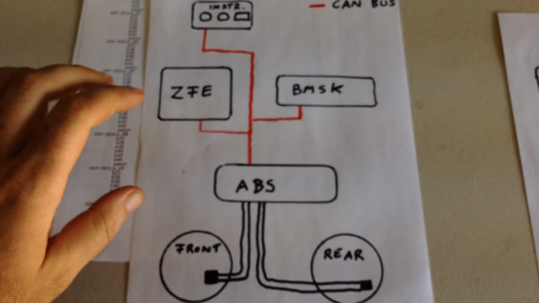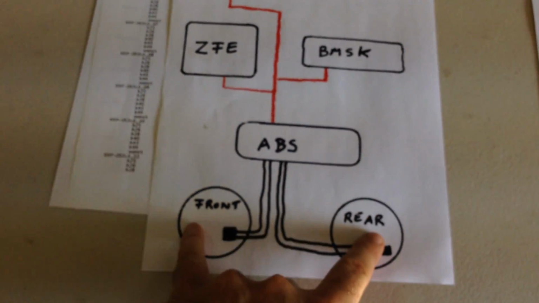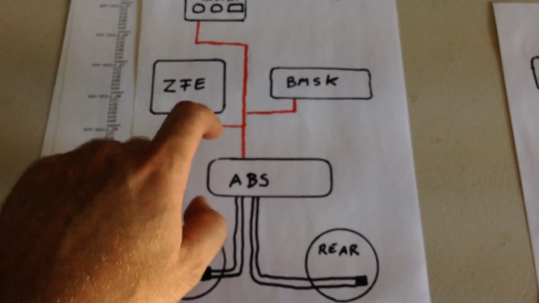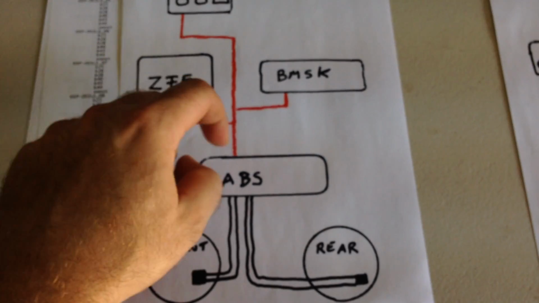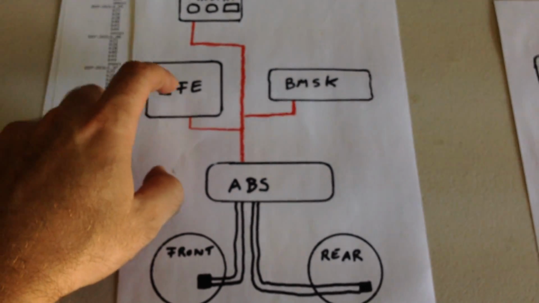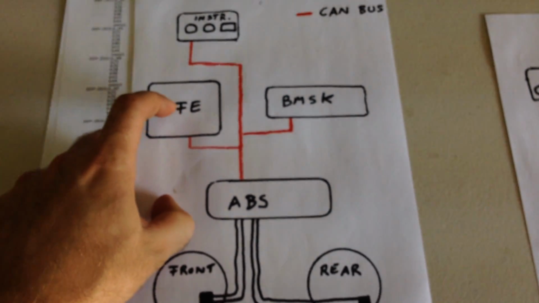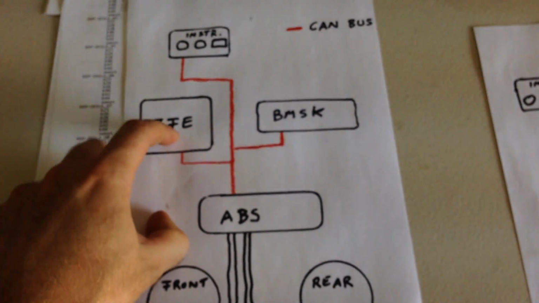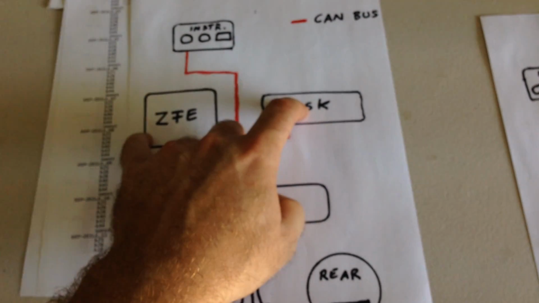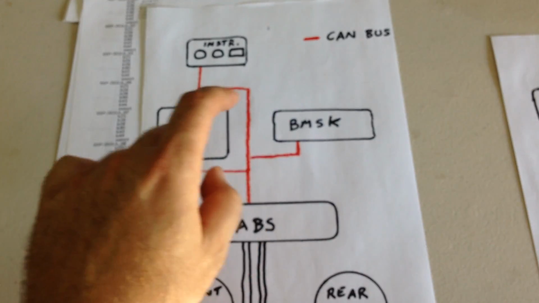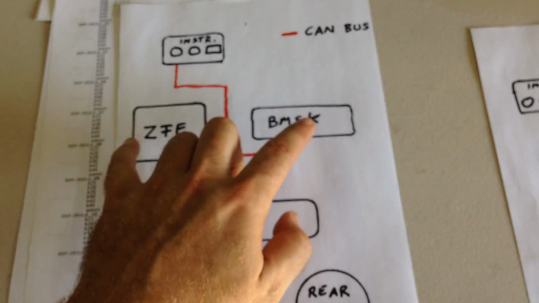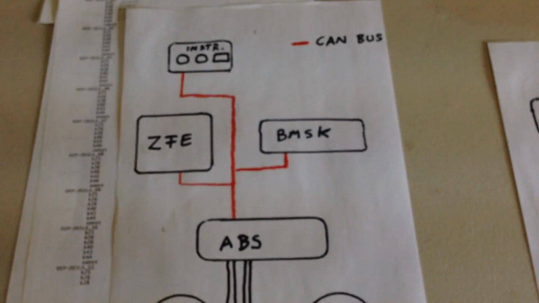So the information about the wheel speed is put onto the network in data packets, and the ZFE unit reads the data package. The BMSK unit also reads the data package and rejects it because it's not interested.